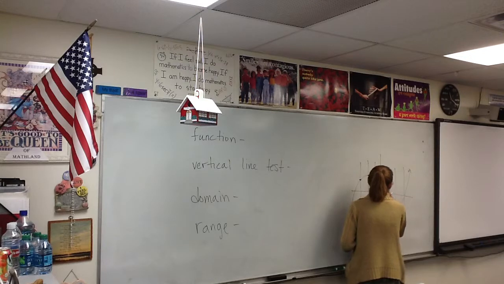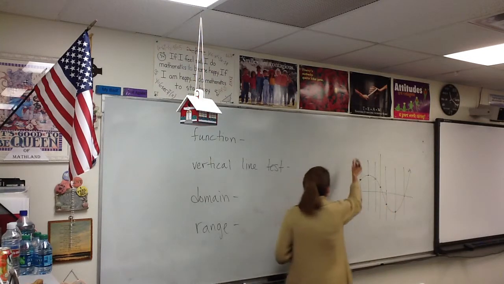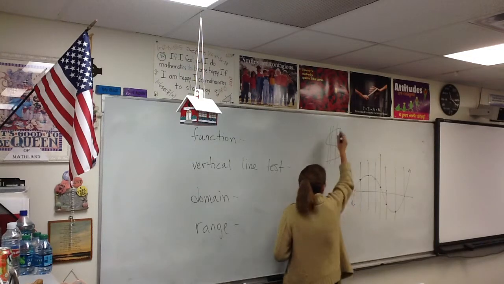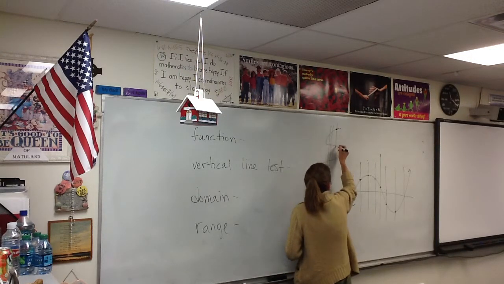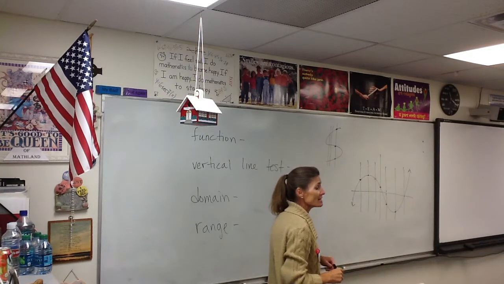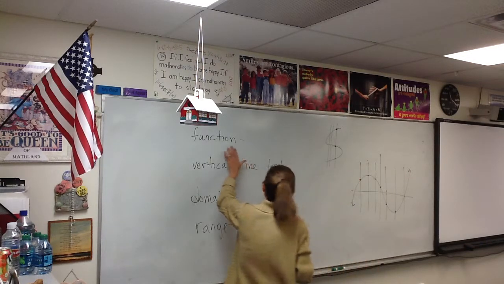So that one would be fine, as opposed to a picture like this, where you draw vertical lines down through and they hit the curve in more than one place. Remember that? And that test actually is because of the definition of a function.